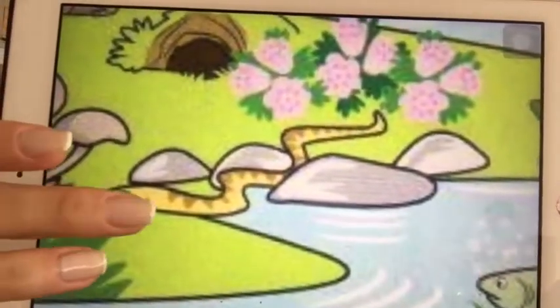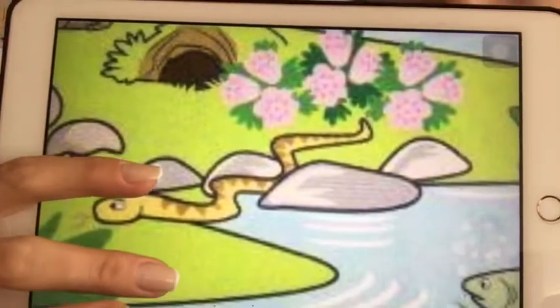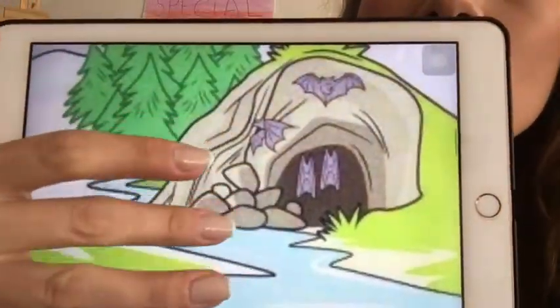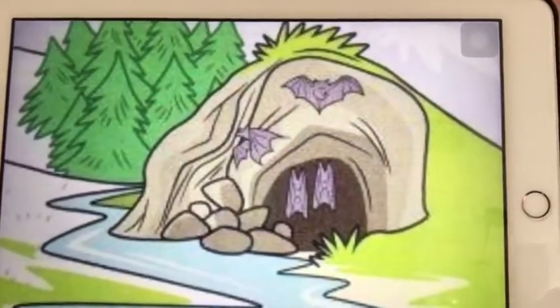Where does the snake live? Or the bats. Where do the bats live?